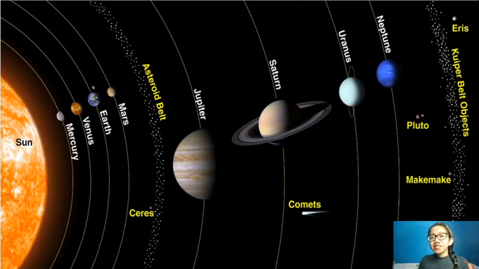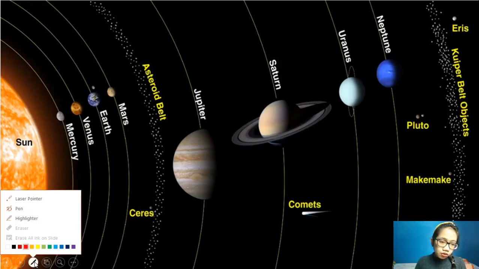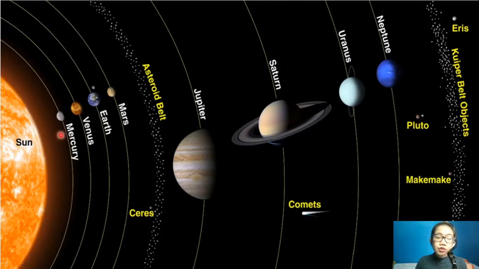Okay, so you may have seen this image before. This is an artistic representation of our solar system. So you have your sun in the middle of our solar system. The first planet, closest to the sun, is Mercury, followed by Venus, Earth, then Mars.